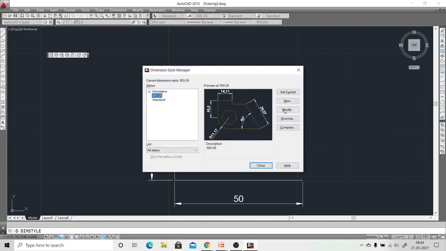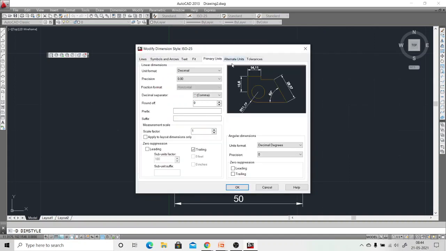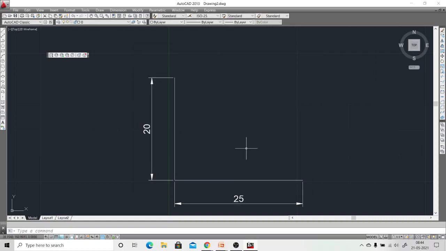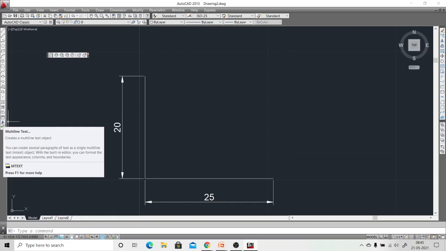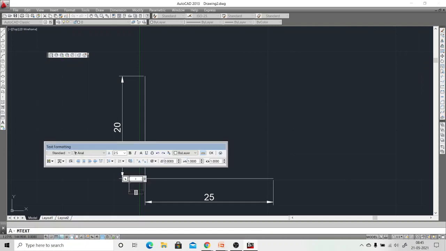Let it be, wait. Right? You can draw it on your papers. Sir, mm or centimeters? It is mm, okay.